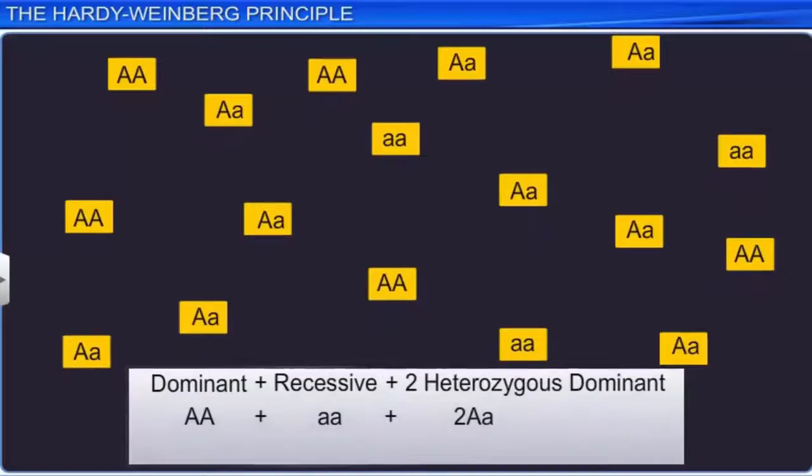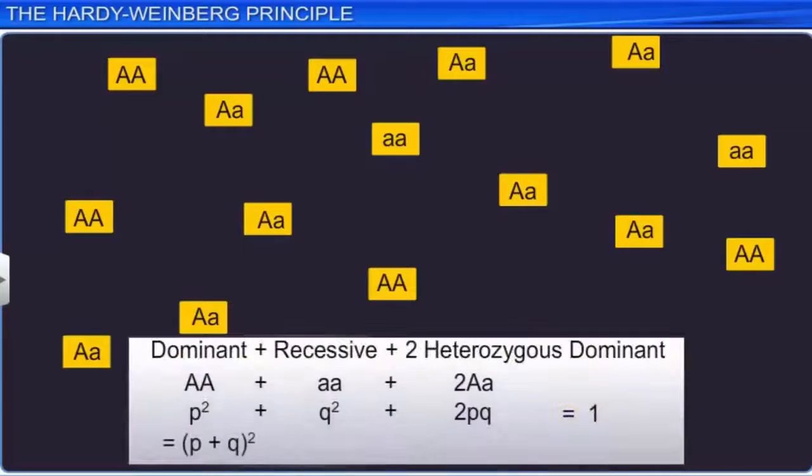On substituting capital A with p and small a with q, we get p squared plus q squared plus 2pq. Therefore, we get the equation p squared plus 2pq plus q squared is equal to 1, which is in fact the binomial expansion of the whole square of p plus q.